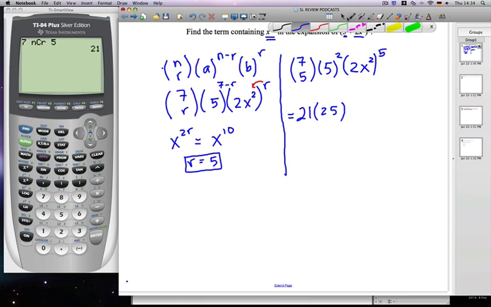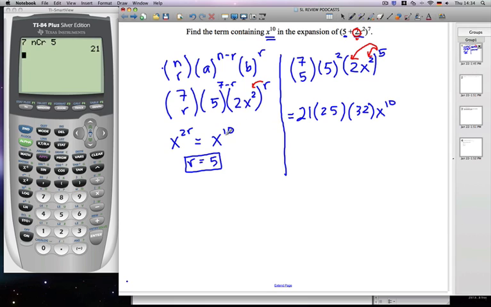And remember, this is exactly why they put this 2 there for you. Some people will make this common mistake. People will always remember to distribute the 5 to the squared, but a lot of times people forget to distribute the 5 to the 2, so it's 2 to the 5th. So we get 2 to the 5th, which is 32, times x to the 10.